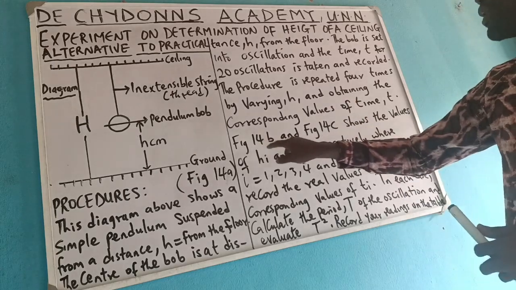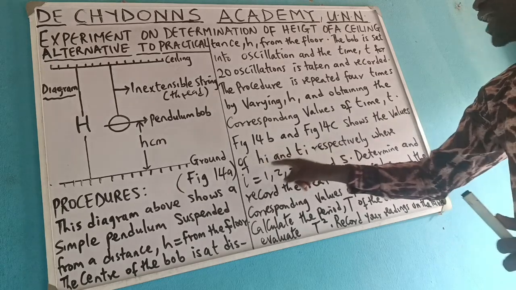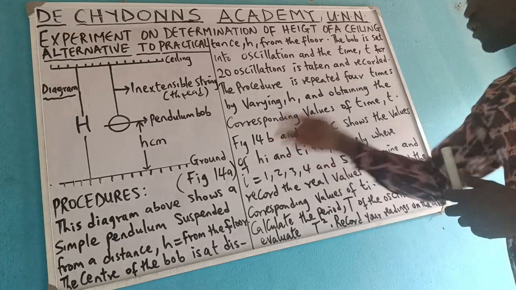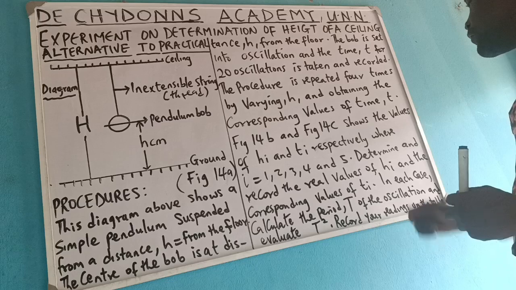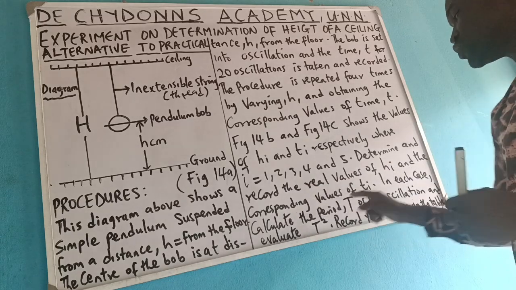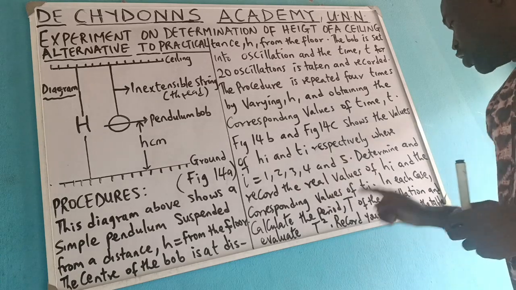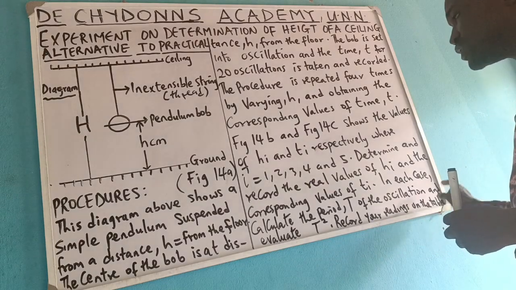Fig 14b and Fig 14c show the values of hi and ti respectively, where i is 1, 2, 3, 4, and 5. Determine and record the values of hi and the corresponding values of ti. In each case, calculate the period T of the oscillation and evaluate T squared. Record your readings on the table.